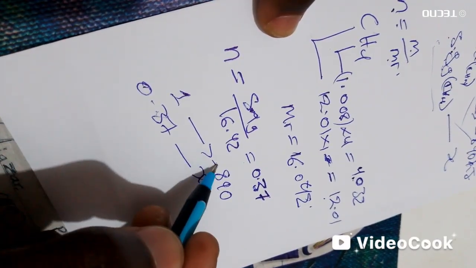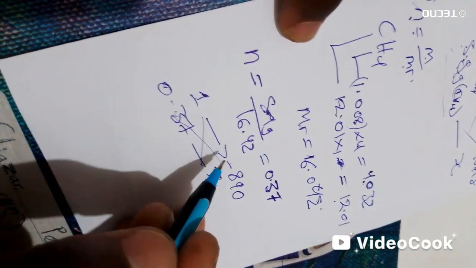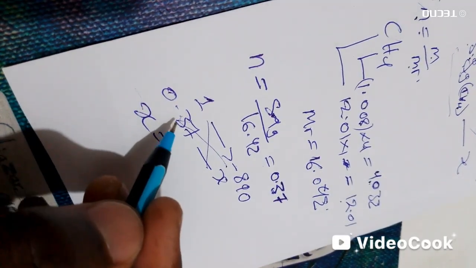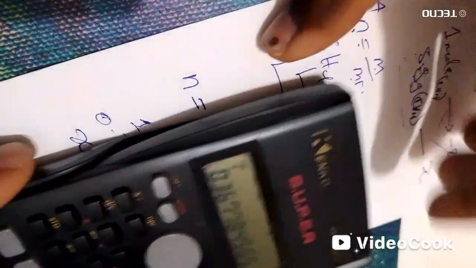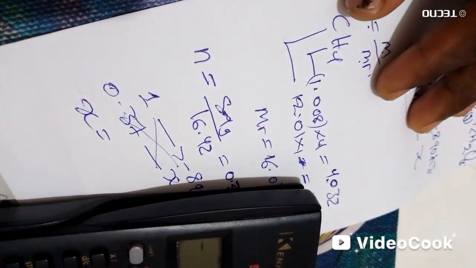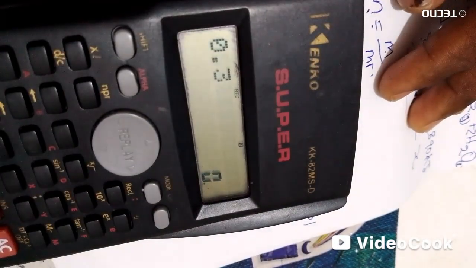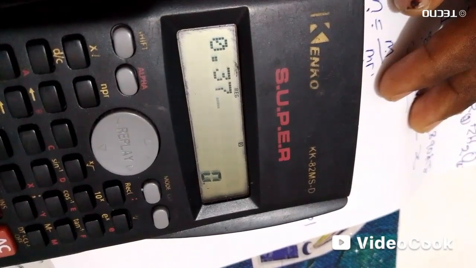We don't know. We now cross multiply. So x is equal to 0.37 times negative 890. Let's try to do that one. You know it's negative. Just put it in the head.